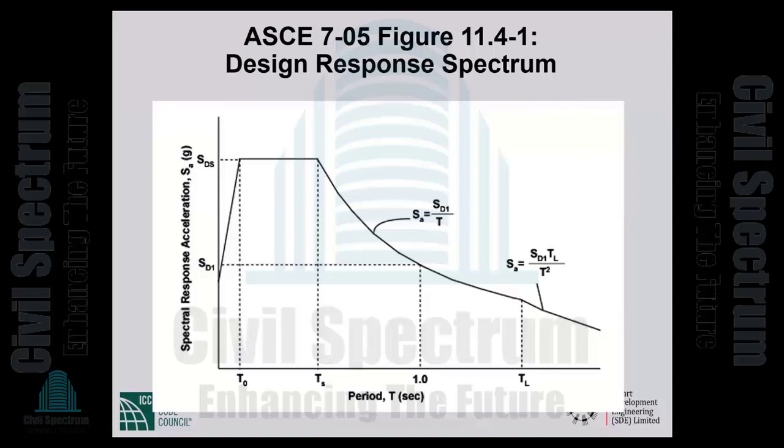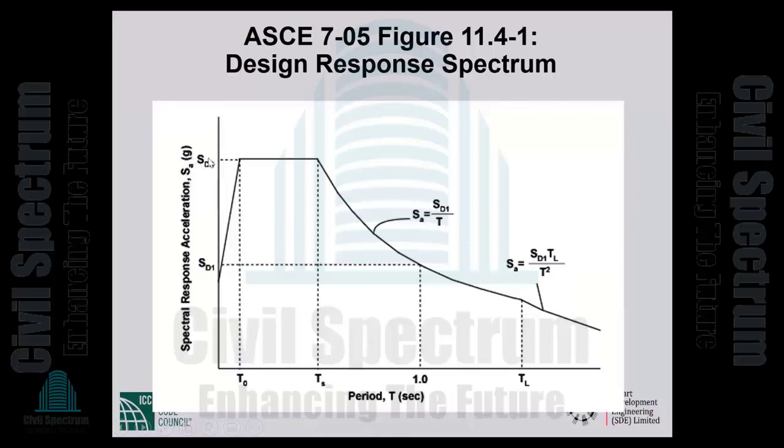The design spectrum of ASC 705 consists of a flat top, a descending branch that varies with 1 over T, and then a third branch that varies with 1 over T squared. The flat top is defined by the ordinate of the spectrum at a period of 0.2 second, and that is S sub DS.